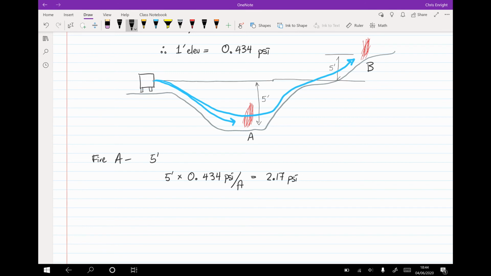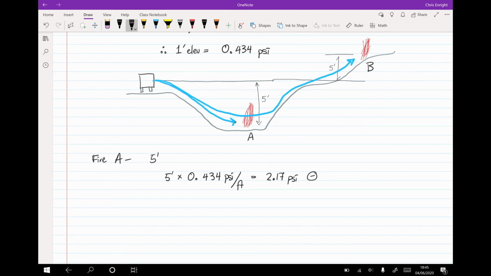So the just neutral amount of pressure that we'll see at the nozzle is going to be 2.17 psi if I don't run the pump at all. Obviously, that's not enough to actually do an effective job giving you a pattern at a nozzle, but it is enough that you can flow water anyway. And if it's a really long way, it'll do a lot. So 2.17 psi positive, or arguably, actually it's negative in these contexts because we're going down.